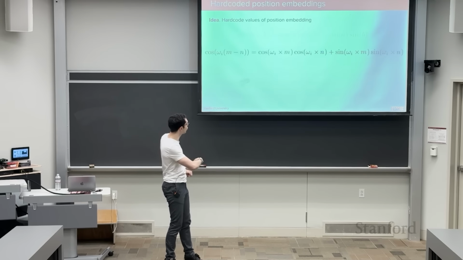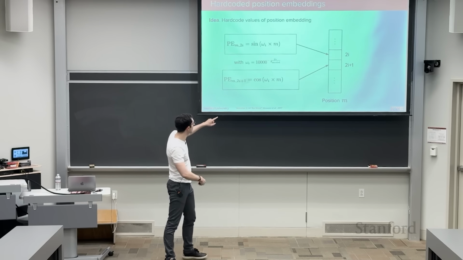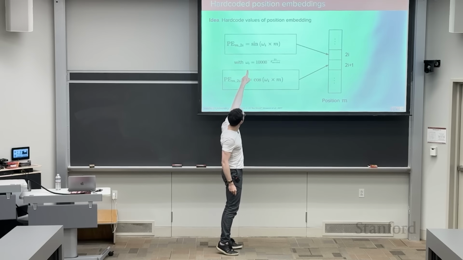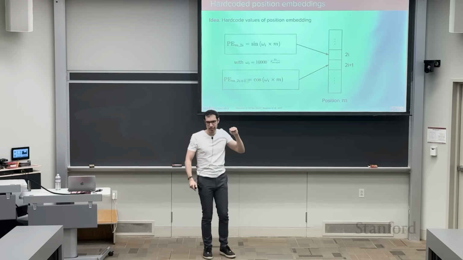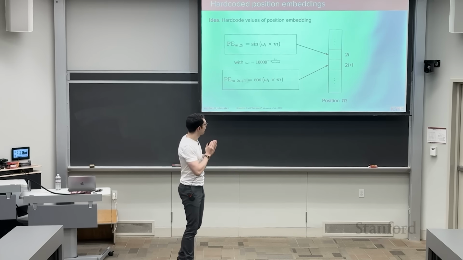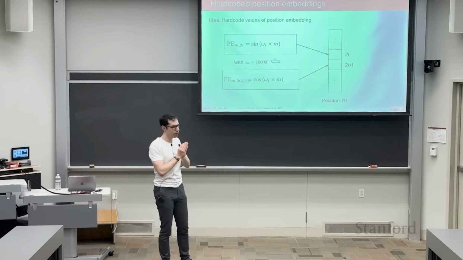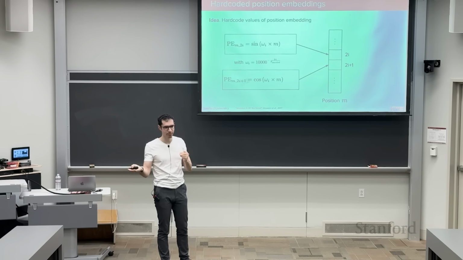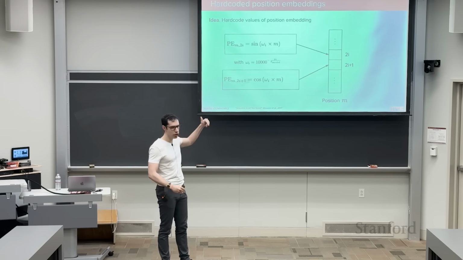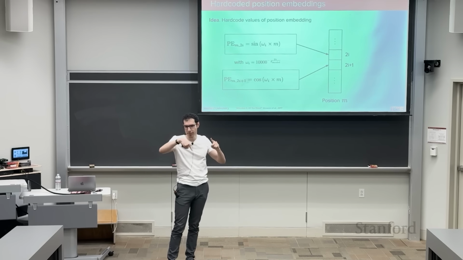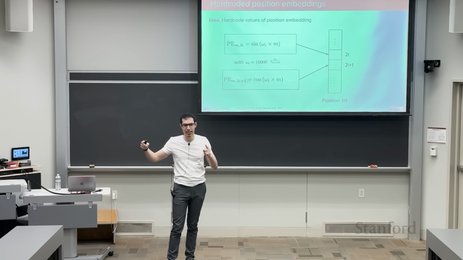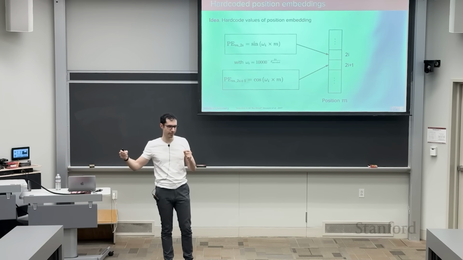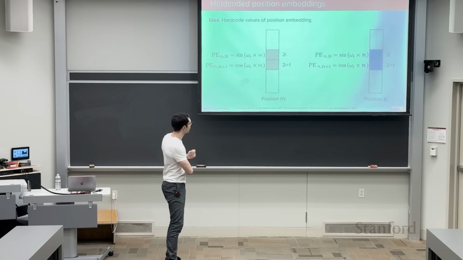This relates to the omega I that I mentioned. Omega I is very high for low values of I, which is the dimension, and very low for high values of I. This just determines how quickly your cosine and sine vary. Cool.